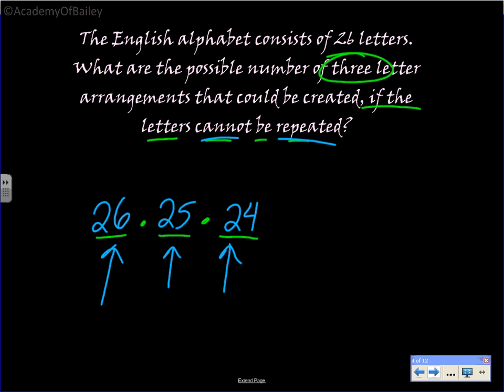And so that's what we have. So go ahead and multiply those out and see what you get. And this is going to be 15,600 different ways.